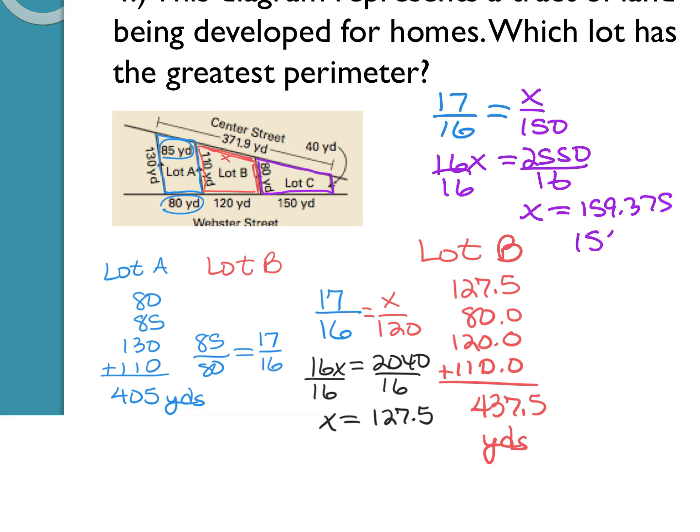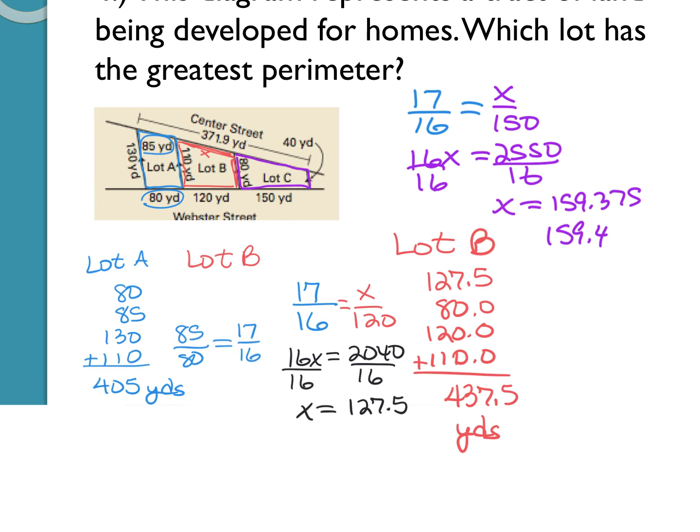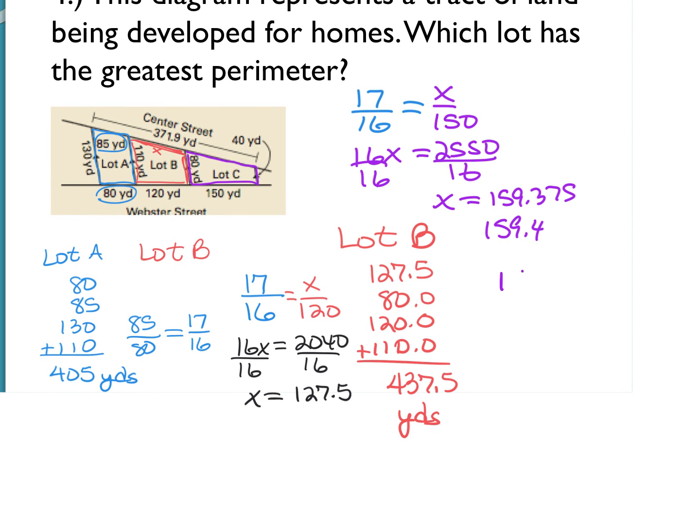I'm going to round to the tenths, so 159.4. Now that I have that, I can add 159.4, 40, 150, and 80 to get the total perimeter for lot C.